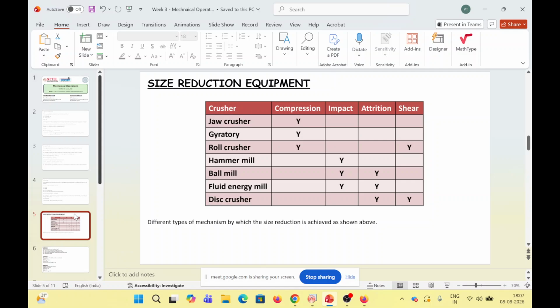Once you increase your speed above that threshold, the impact forces start acting on the particles. So based on the speed of rotation of your cylinder, different types of forces act on the particle so that it is broken down. This particular threshold speed is called the critical speed of revolution.